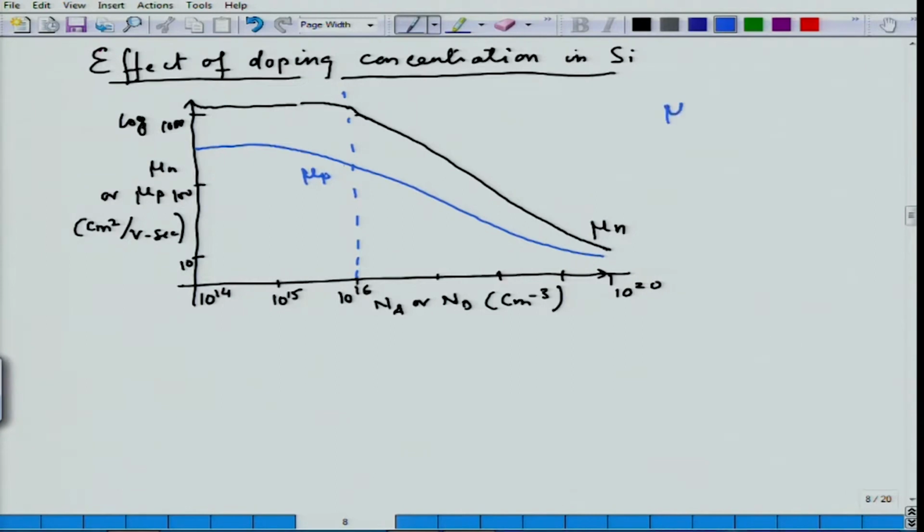The mobility due to the impurity is basically inversely proportional to Ni, and you can start seeing this effect at a higher concentration of the dopants here.